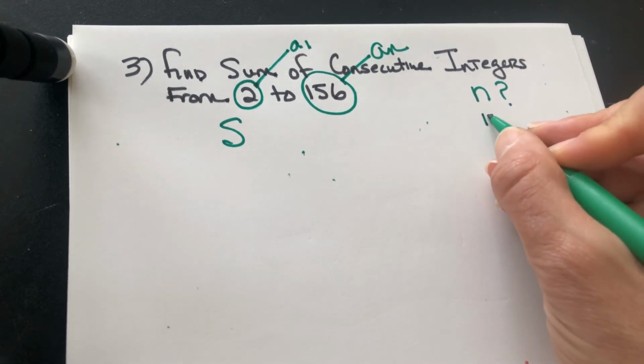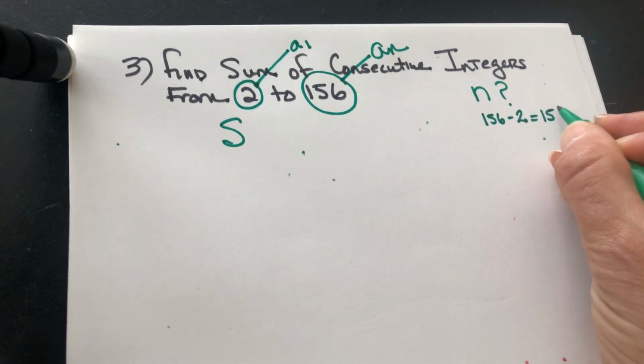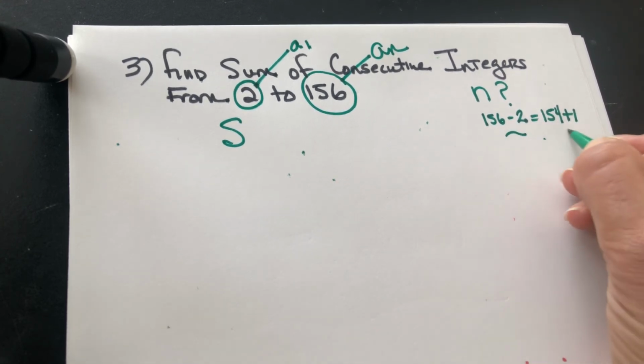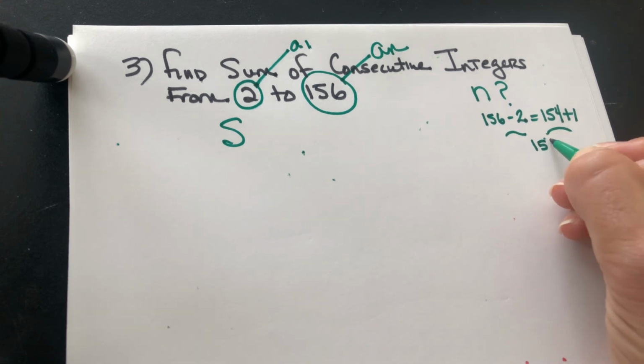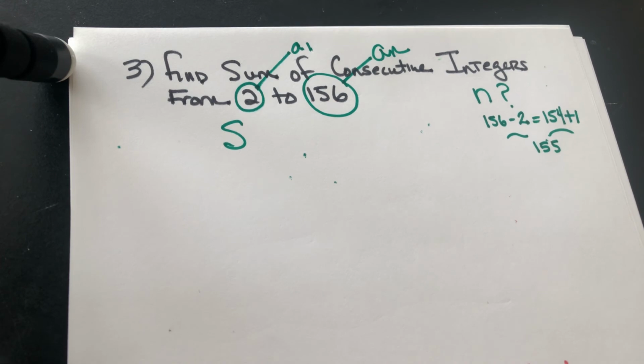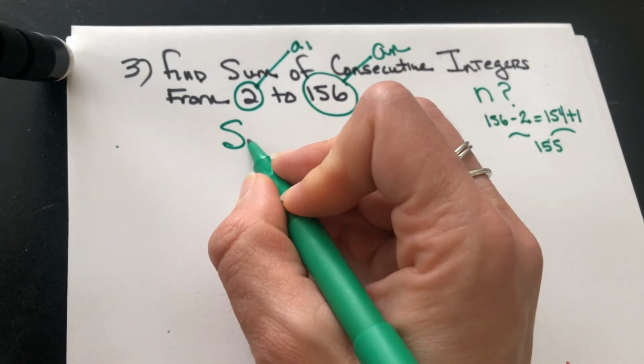Another way you can do it is to subtract and get 154, but you have to add 1 because when you do this, you're not including the actual 156. Or do it the way I said: 1 to 156 is 156, and I want 2. Once you have that, it's easy.